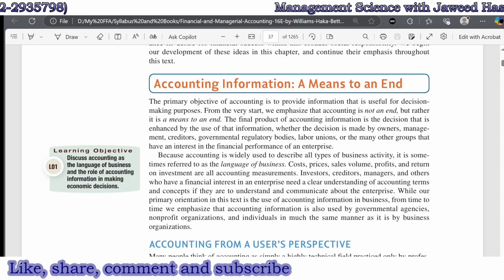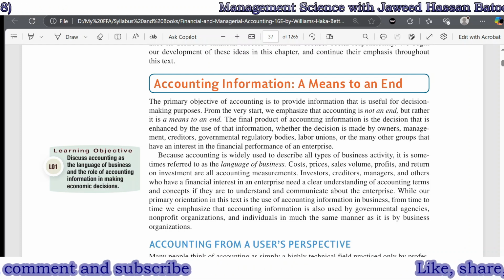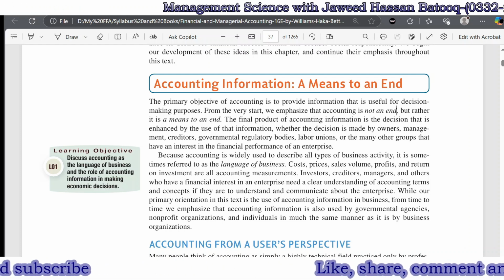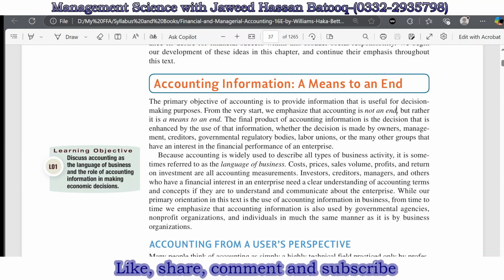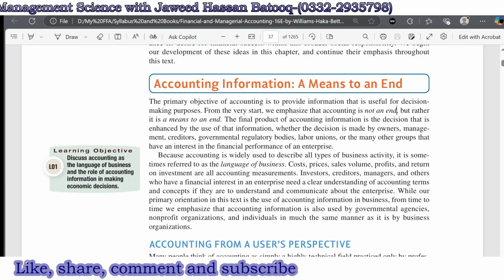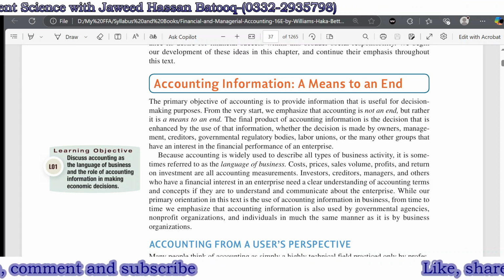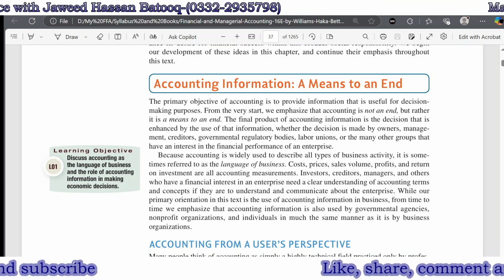From the very start, we emphasize that accounting is not an end. Accounting is not our purpose, of course. In fact, the people connected to the business want to make decisions relating to the business, whether it is an investment decision or a credit decision.